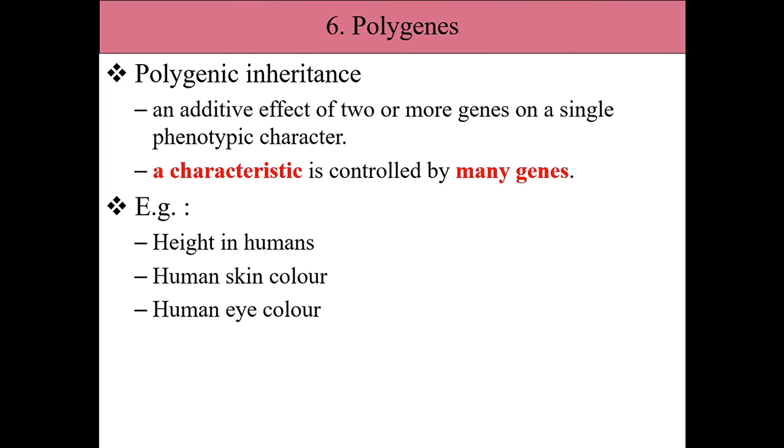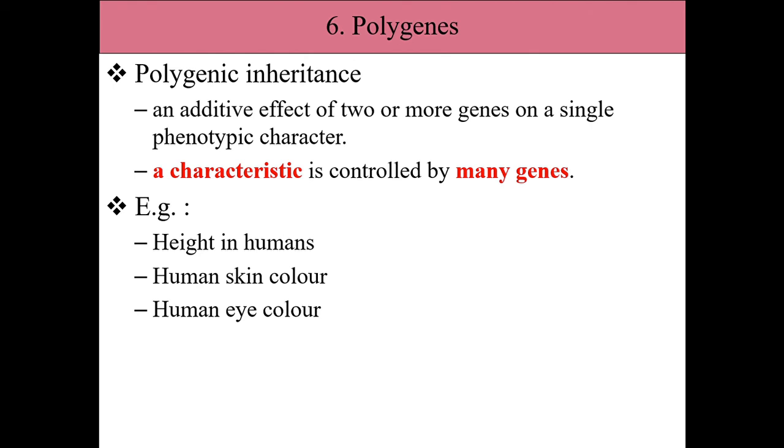So polygenes here refers to a characteristic controlled by many genes. So in Mendelian, one characteristic is controlled by only one gene. Here in polygenes, one characteristic is controlled by many genes. That's why it deviates, because we have different genes that control one characteristic.